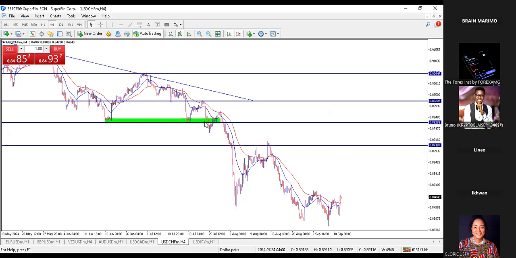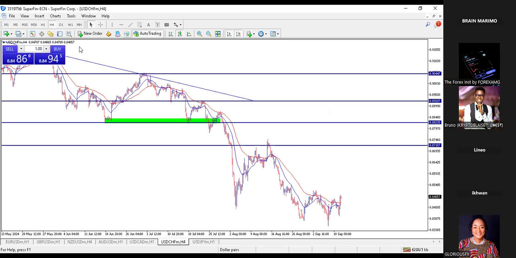For your major pairs, the spread tends to be relatively tight. It's quite competitive across most brokers, which is usually 1 to 4 pips, right?